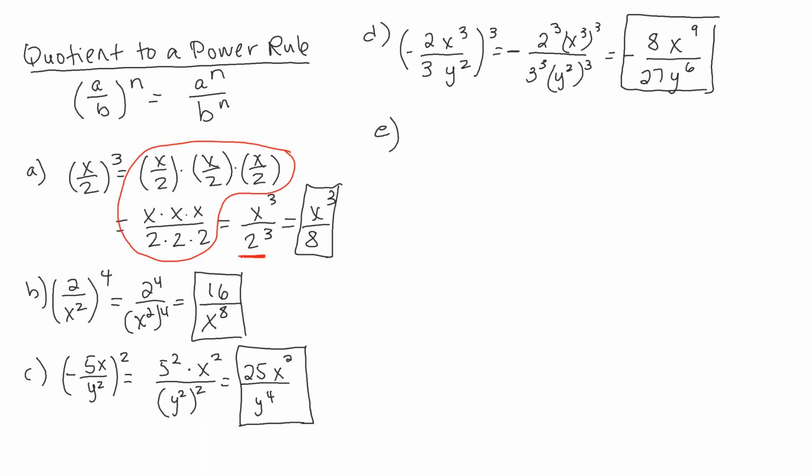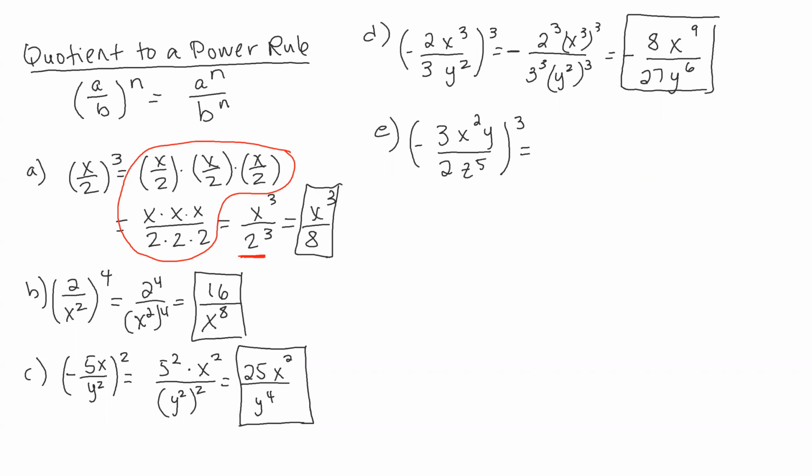Next up, let's say we have negative 3x squared y over 2z to the fifth quantity. We're going to cube everything. In this case, again, I have a negative inside parentheses and an odd exponent.